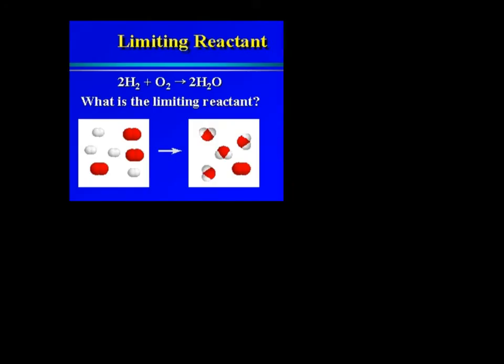So think in terms of a reaction. 2H2 plus O2 gives you 2H2O. What's your limiting reactant here? Well, these little guys are your H's, and the big guys are your O2s. So for every 2 hydrogens and 1 oxygen, can you see what you're going to need here?